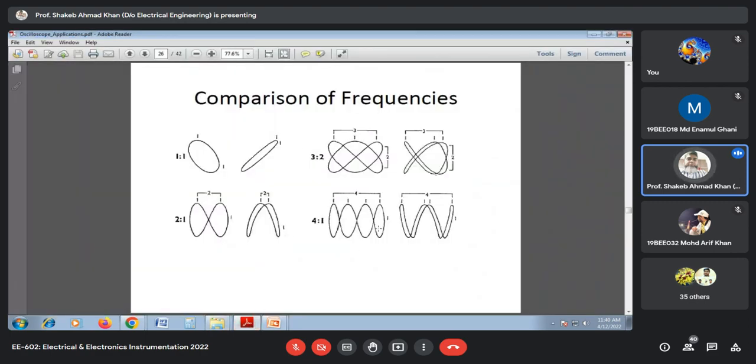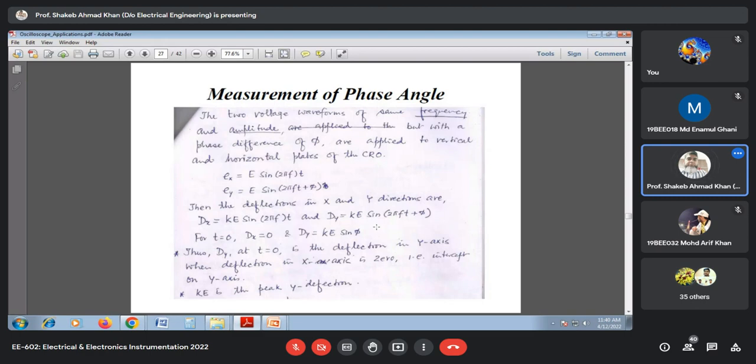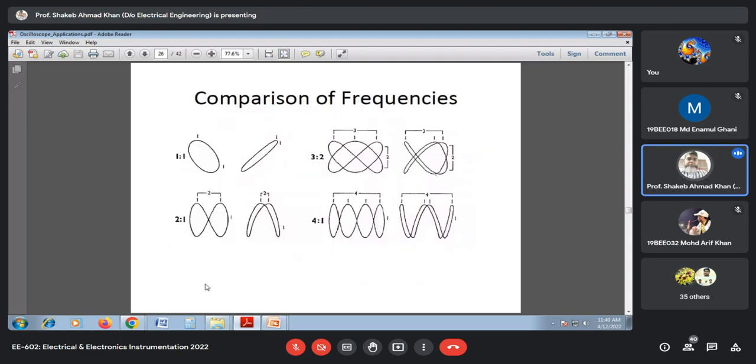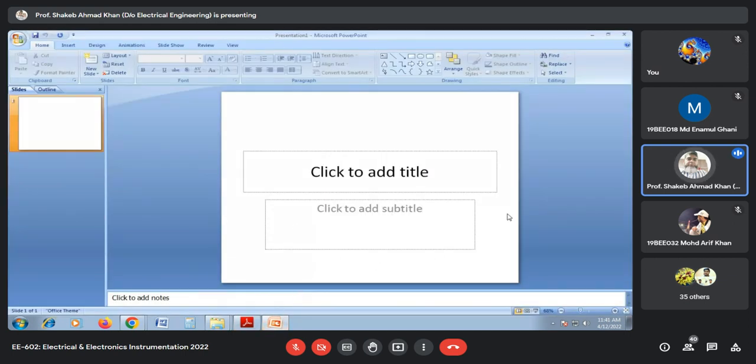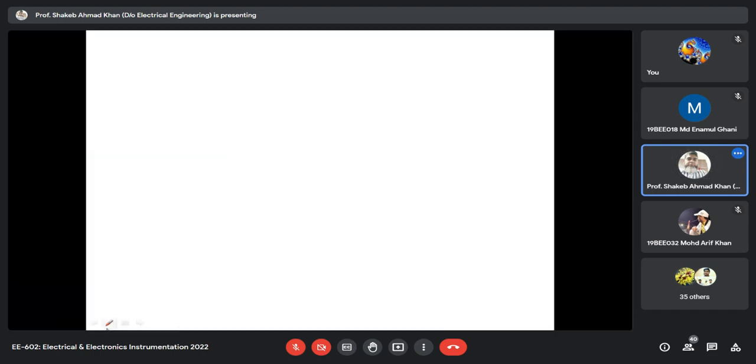So this is a different kind. You have the idea that when we are applying two waveforms on X and Y, or two channels of the oscilloscope, they have a phase displacement. We have one waveform like this and another waveform like this. So obviously these two have some phase difference.